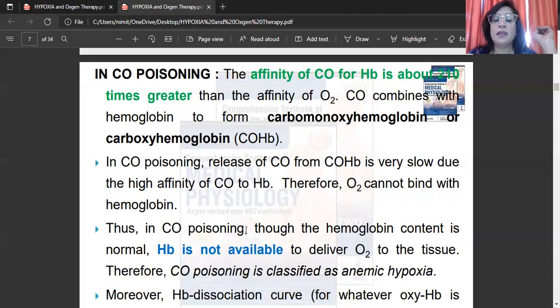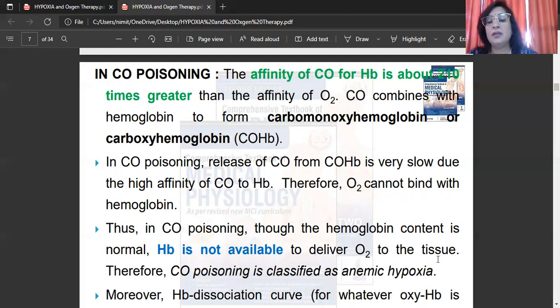Therefore, in this poisoning, though the hemoglobin content is normal, not reduced, hemoglobin itself is not available to deliver oxygen to the tissues.